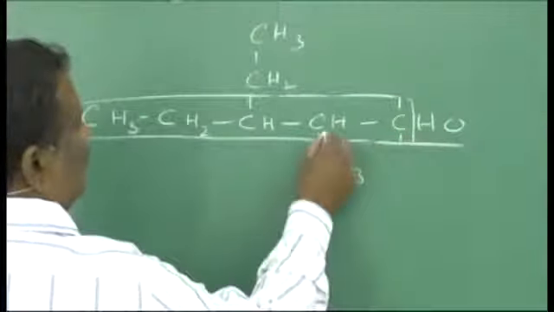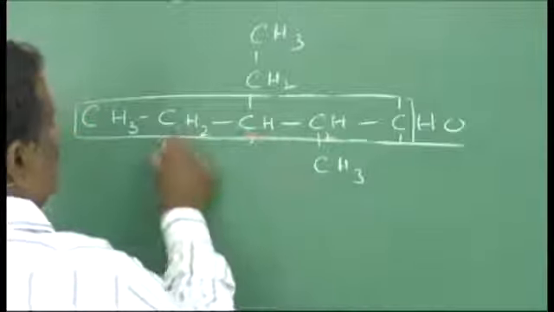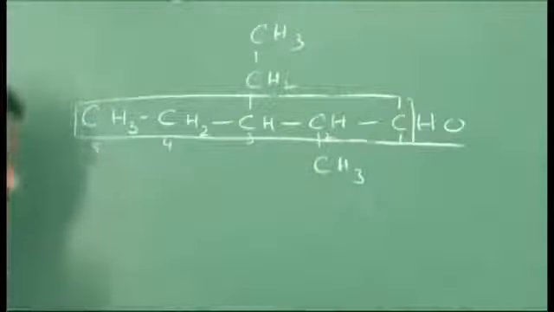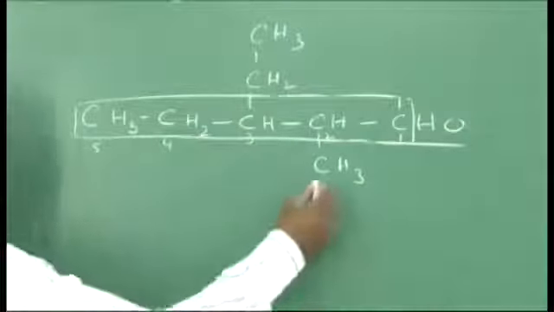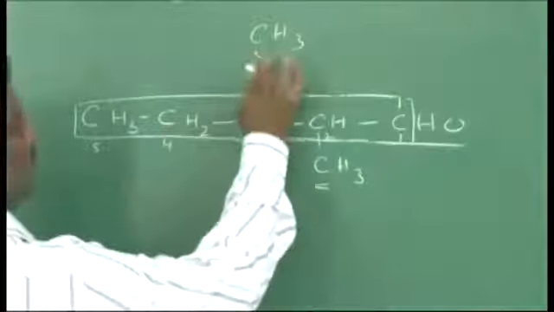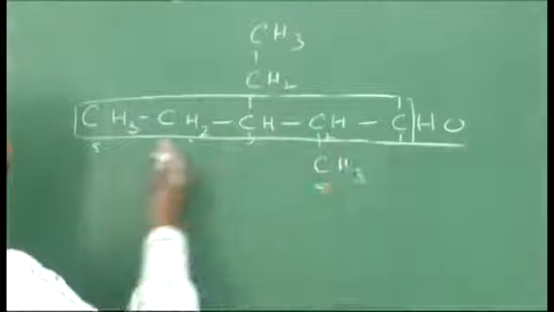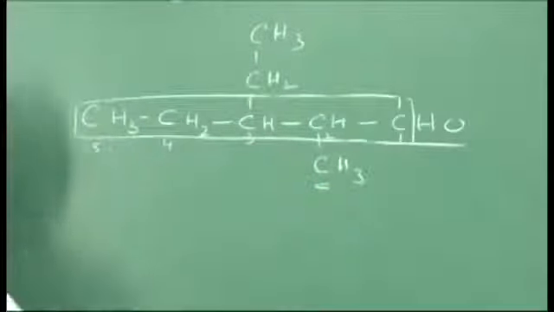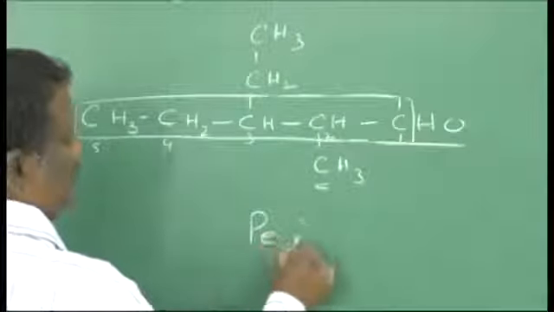Now, 1, 2, 3, 4, 5. Here this methyl group is on the second carbon and the ethyl group is on the third carbon. Since 5 carbons are there, the root word is pent.